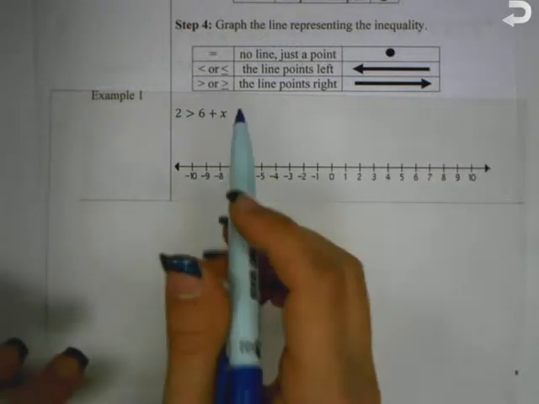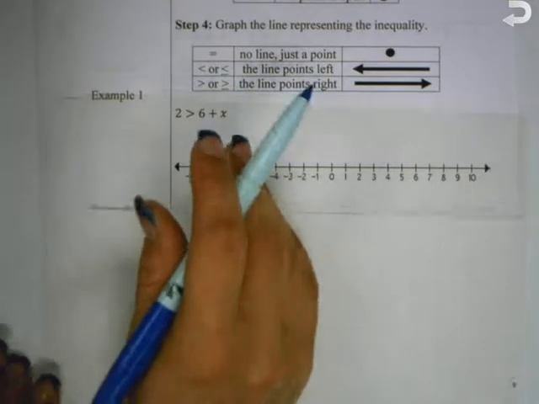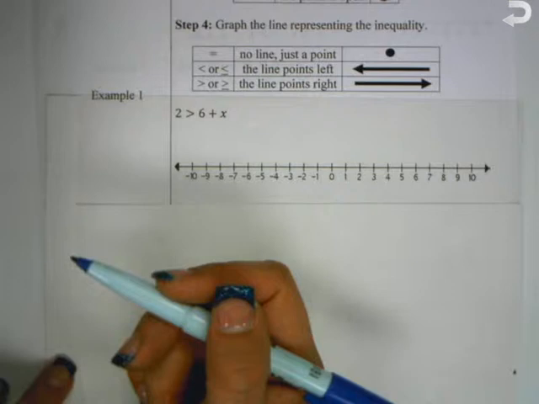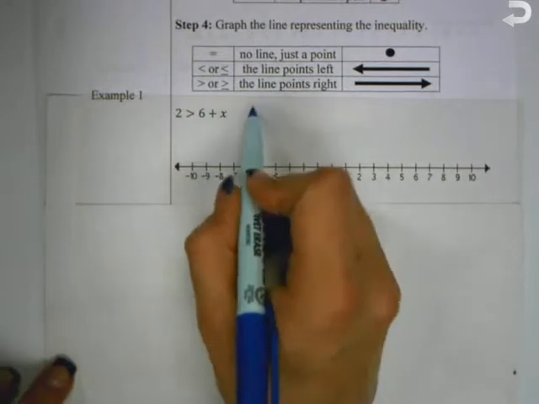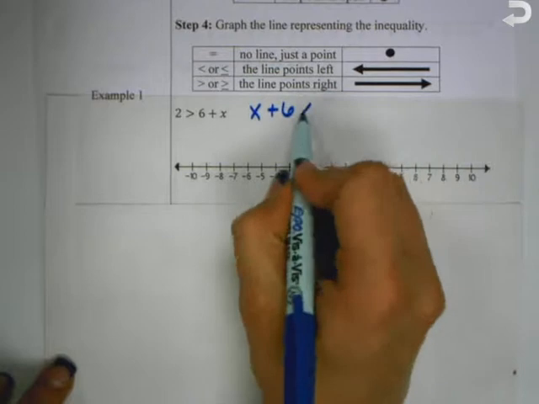In this problem, x is on the right-hand side. So to get it on the left-hand side, I just have to flip the entire inequality. So I'm going to rewrite it, 6 plus x less than 2.